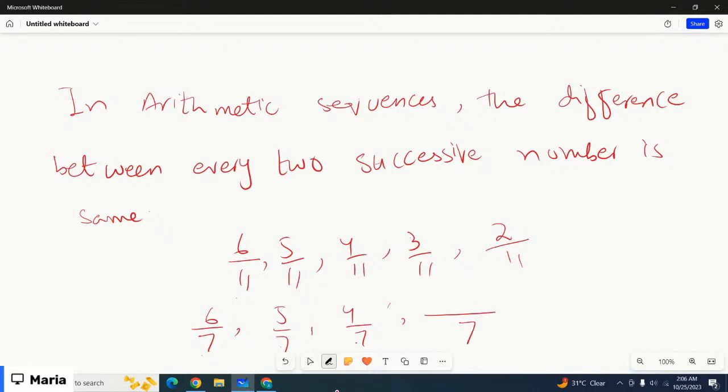Every time the denominator is 7 and the numerators are decreasing by 1. So 6 minus 1 is 5, 5 minus 1 is 4, then 4 minus 1 is 3. So the next term in the sequence is 3 over 7. Got it? If you have any question, you can ask.